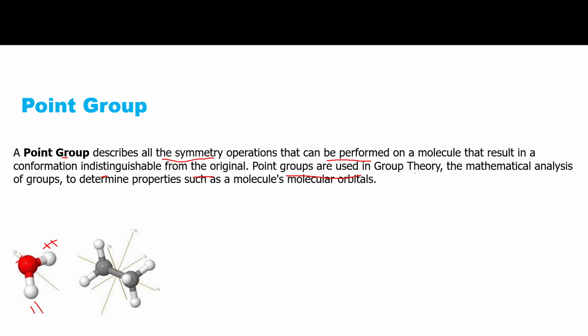So what operation can we do on this molecule after which it will remain the same? If you rotate this molecule 360 degrees, like any one, then what will happen? It will be the same. If you rotate this one 360 degrees, it will always be the same irrespective of the molecule.